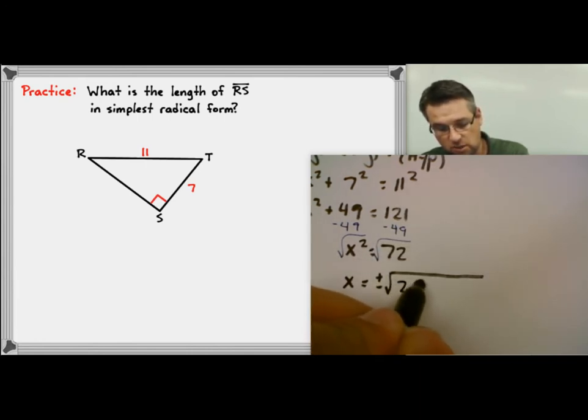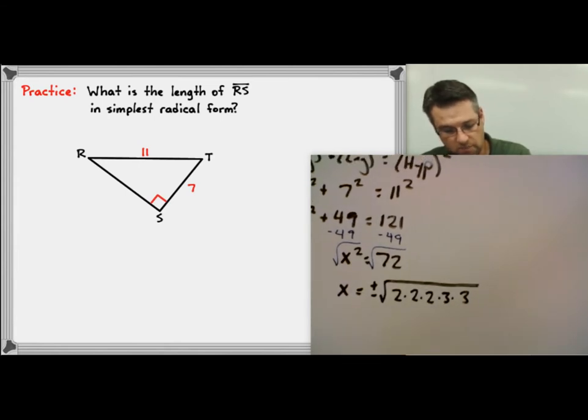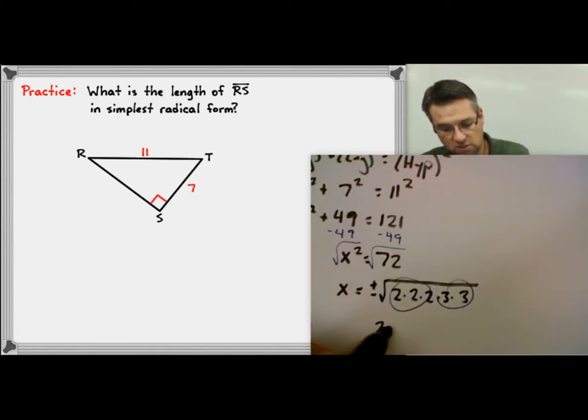That's going to be 2 times 2 times 2 times 3 times 3, I believe. 2, 4, 8, 24, and 72. So we're good there. Remember, we circle our pairs. We have a pair of 2s and a pair of 3s. So one of each of those goes out. So we got 2 times 3. And then what's left inside is that 2. We have plus or minus here. So our final answer is going to be plus or minus 6 radical 2.